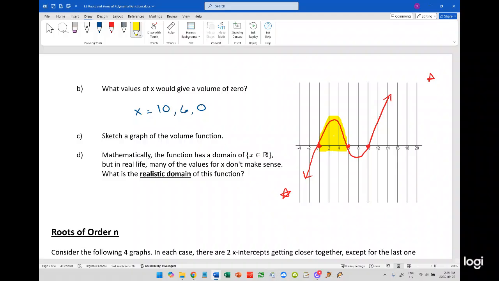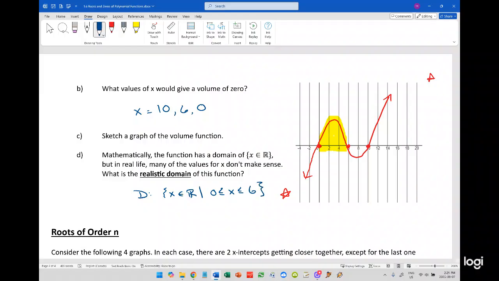Because in order to be positive, we'd have to cut more than 10 out of each corner. The thing's only 12 by 20. Cutting more than 10 out of each corner is going to leave us with no paper at all, so it won't work. So I think the realistic domain for this is going to be x is an element of the real numbers, such that x is between 0 and 6.